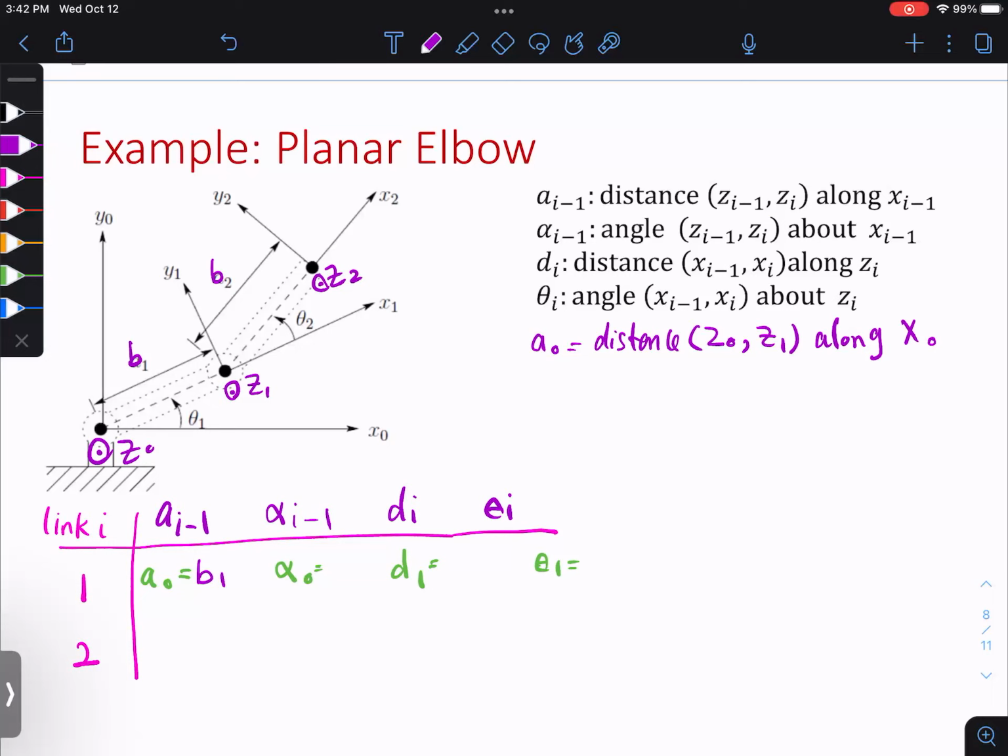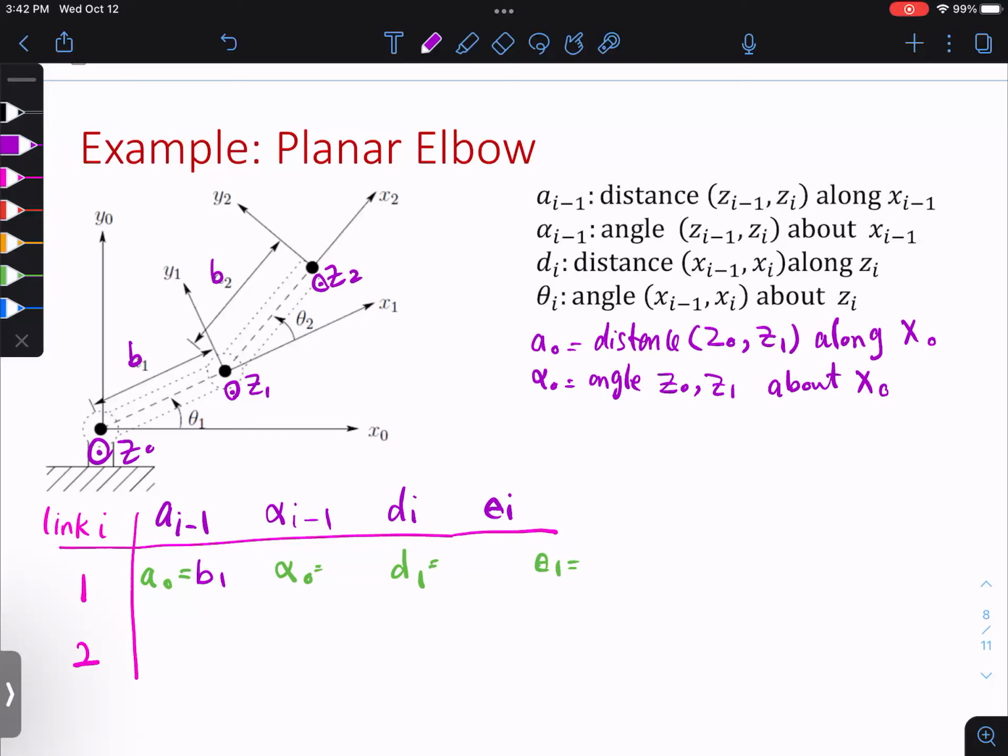All right. So let's find alpha_0. Alpha_0 would be the angle from Z0 to Z1 about X0. This is Z0, this is Z1, and then this is our X0, right? Meaning the angle has to be measured about this one. So think about the rest position.